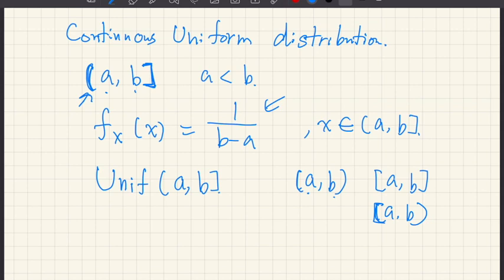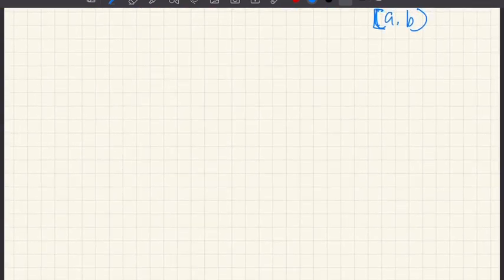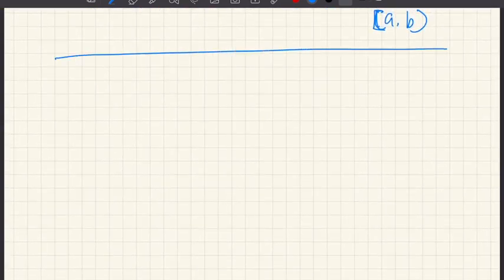Okay, so one very standard example is a uniform distribution between 0 and 1. Let's say 0 and 1, including 0, excluding 1.